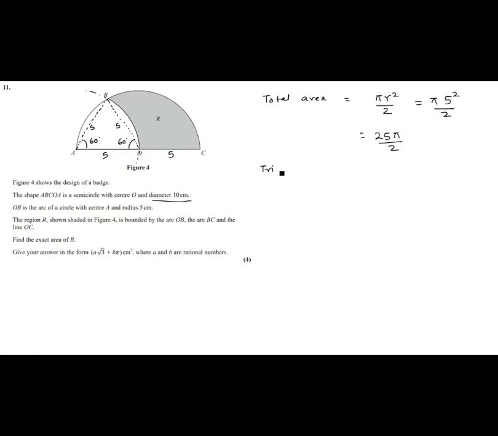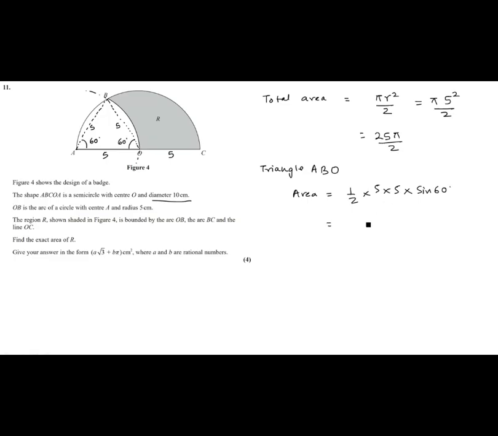If we say triangle ABO, the area, using the formula for the area of a triangle, is half AB sine C, so half times 5 times 5 times sine 60 degrees.